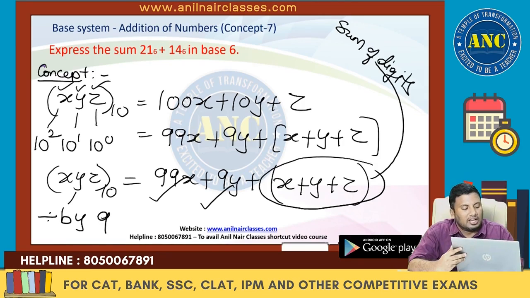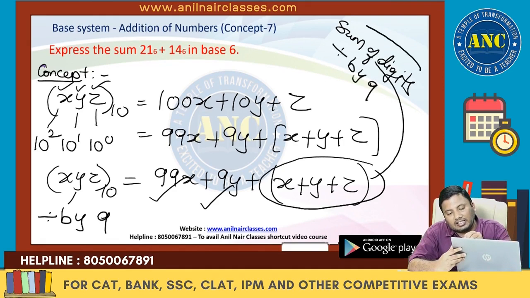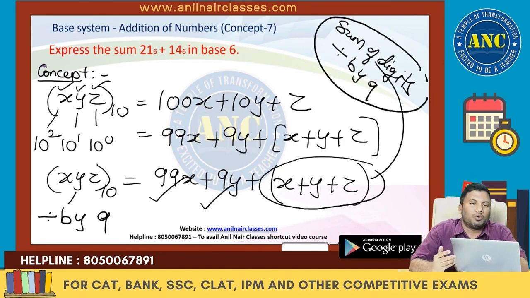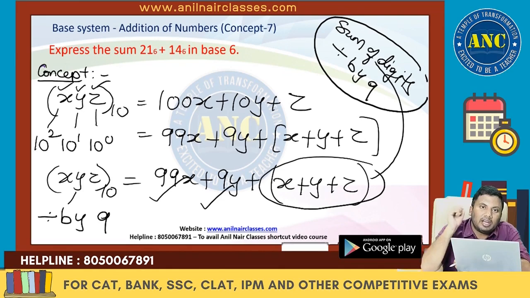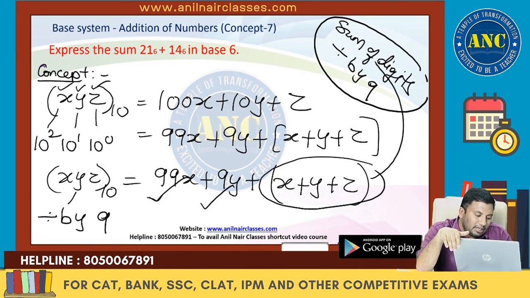That is exactly why the divisibility rule of 9 is that the sum of the digits should be divisible by 9. Why? Because if the left hand side is divisible by 9, 99x is divisible by 9, 9y is divisible by 9, definitely the remaining part should also be divisible by 9. Are you with me? Right.